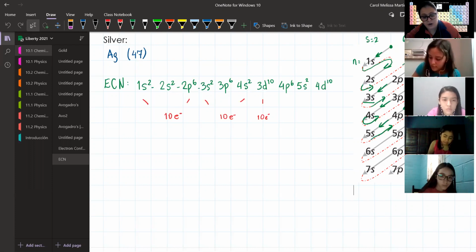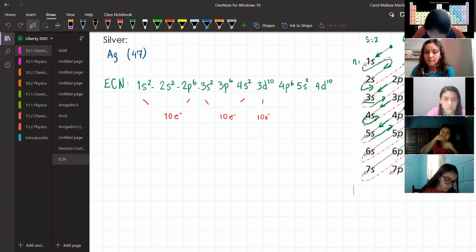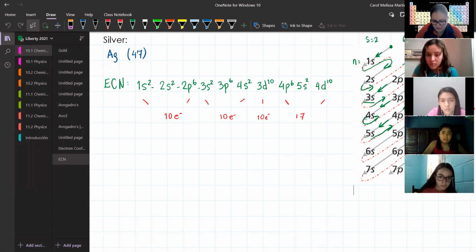Remember, we were needing 17 electrons. Here you need to have 17, but if you add them, you just have 18, which means that instead of using the 10 right here, you will just need to use 9.